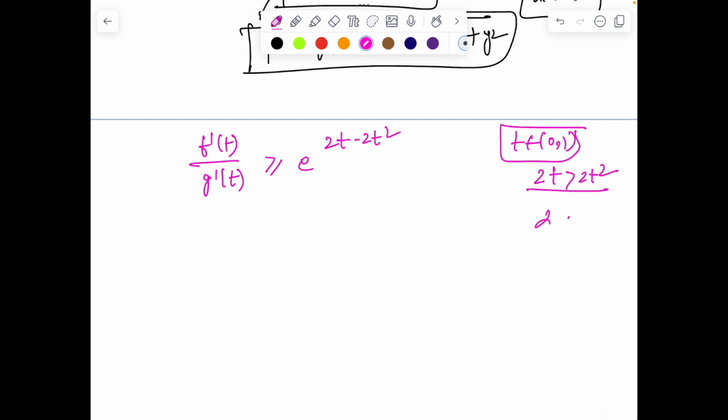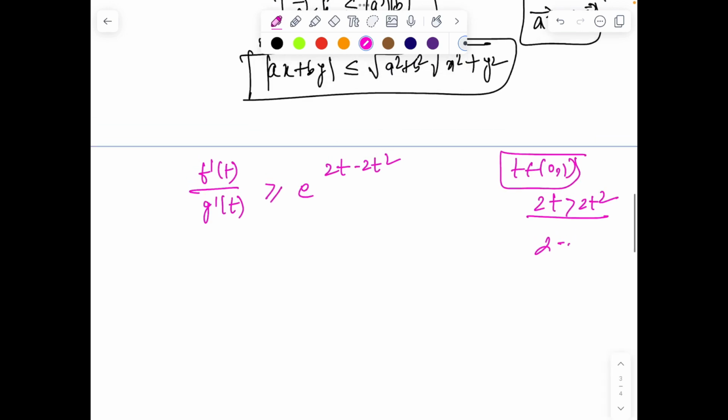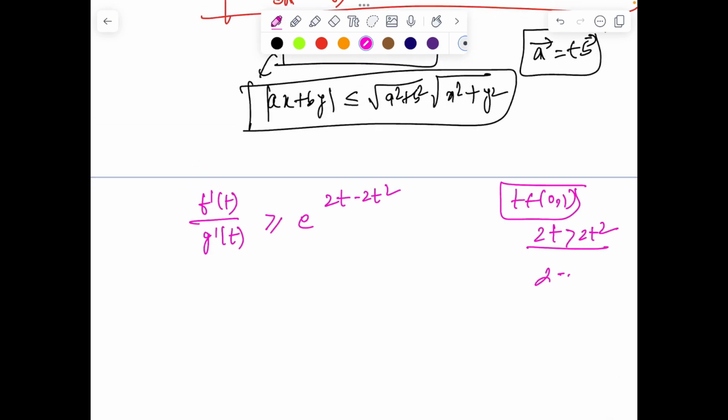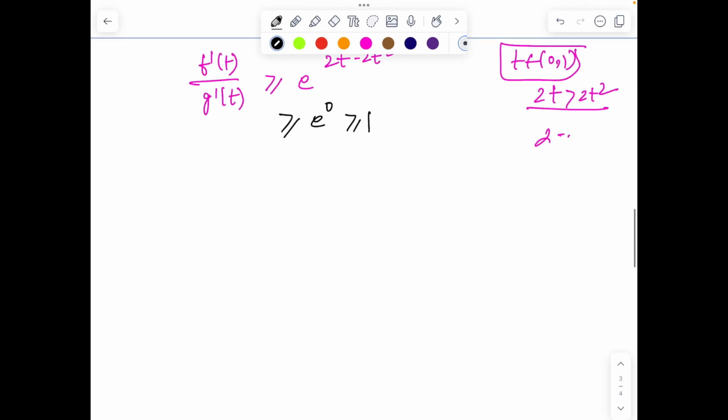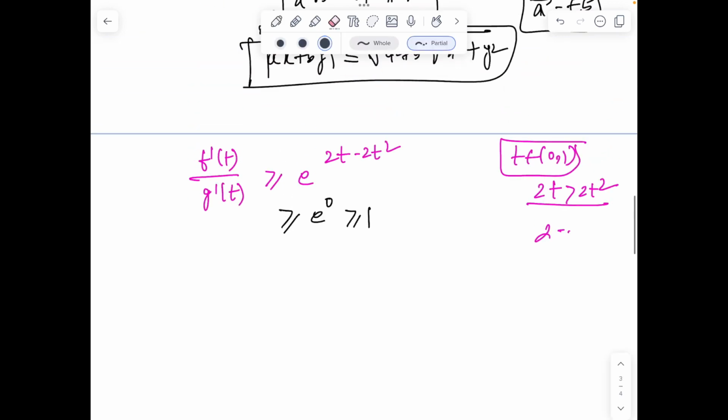So hence I can tell 2t minus 2t square will be greater than 0. So hence this quantity will be greater than e to the power 0, which is 1. So it will be greater than 1 because equality will happen only at 0.